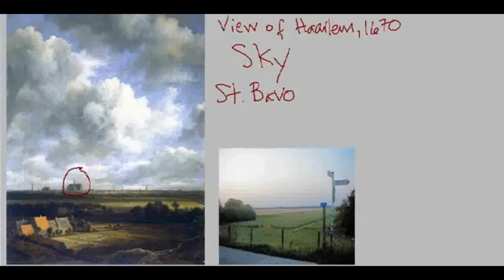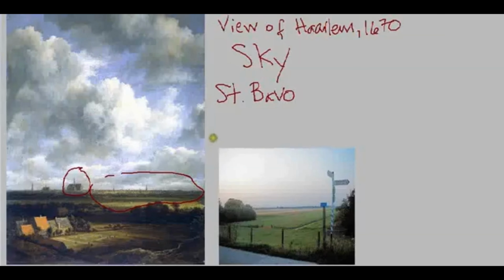Other identifiable details within this painting, you can just fairly make them out all along this stretch of the landscape. And those are little windmills dotting the landscape, which of course are, again, a marker of place. And finally, you have right here in the foreground, you can see strips of white along the land.